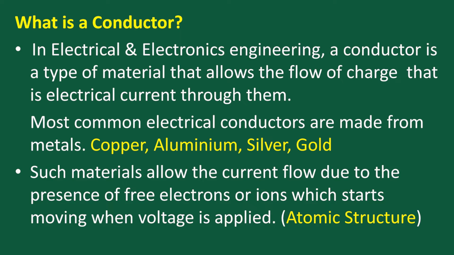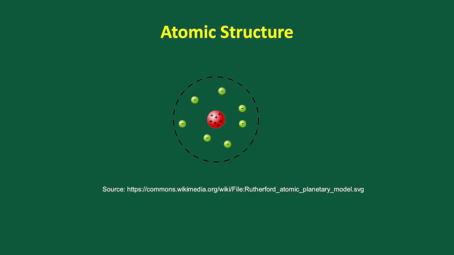Most common electrical conductors are made from metals. Such materials allow the current flow due to the presence of free electrons or ions, which start moving when voltage is applied. The conductors have very low electrical resistance.